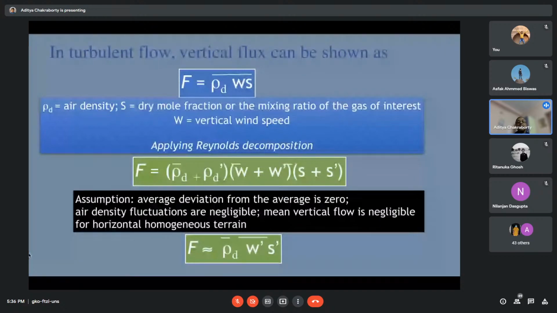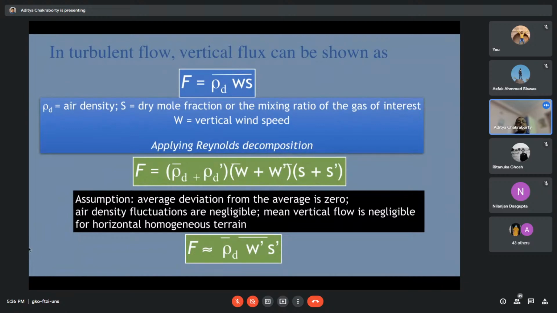What it says is that any component can be written in the form of a steady part as well as a fluctuating part. For example, just to give a similarity, we know what weather and climate are. Generally, the long-term average is called climate, and when we have the fluctuation, that is called weather.